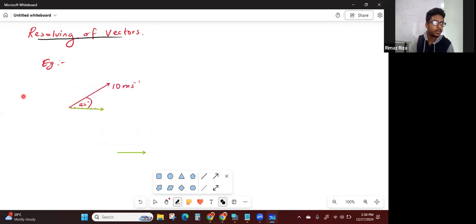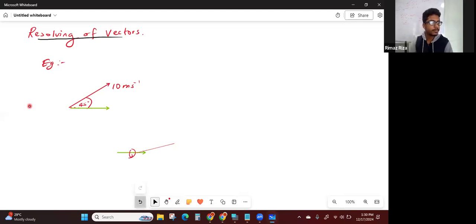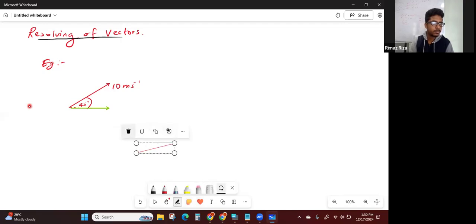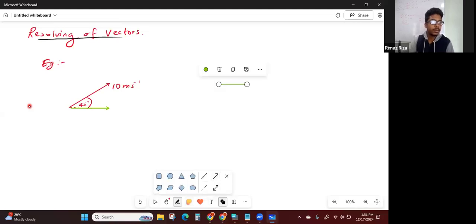One is like this, and the other component should be from here vertically upward.